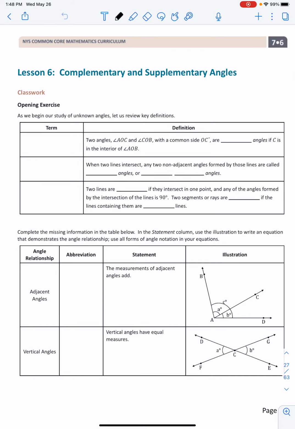This is lesson 6, day 1 for complementary and supplementary angles. So our opening exercise as we begin our study of unknown angles. Let us review our key definitions. The first term is adjacent.